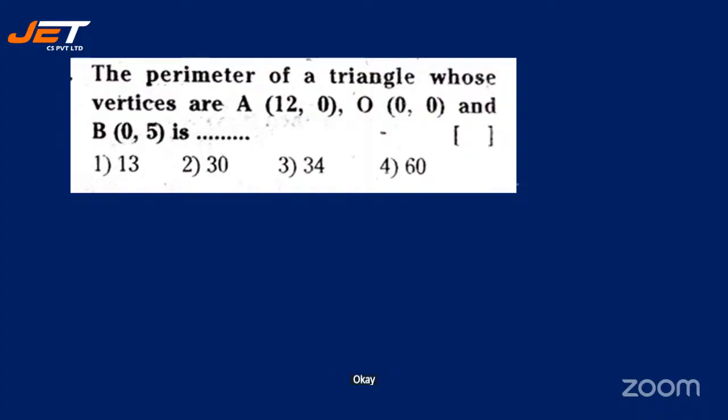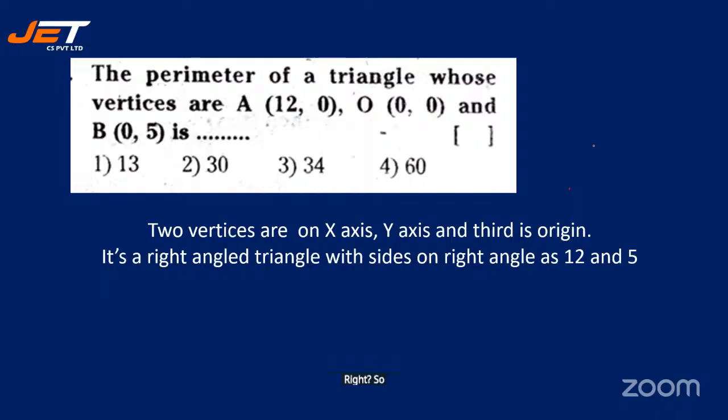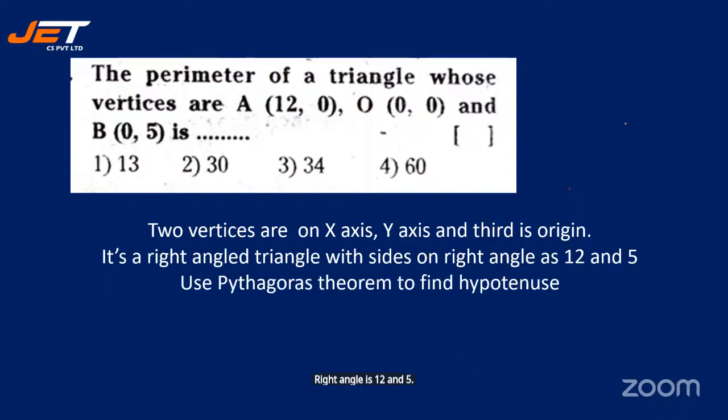Okay, so you can use the distance formula and then find out. Two vertices are on the x-axis and y-axis, and the third is the origin. So it's a right angle triangle with sides at the right angle as 12 and 5. So you can use the Pythagoras theorem to find the hypotenuse. Or alternatively, you can also use the distance formula.